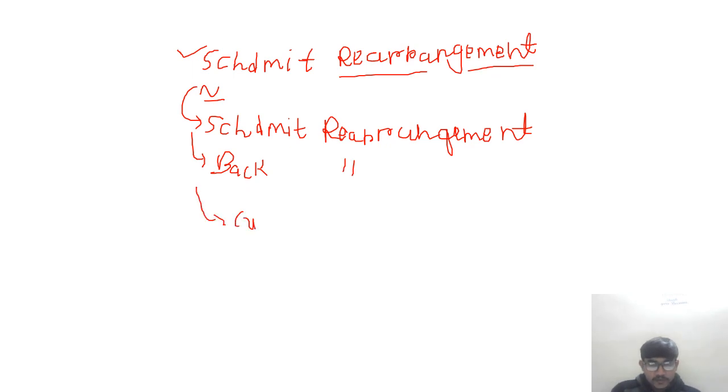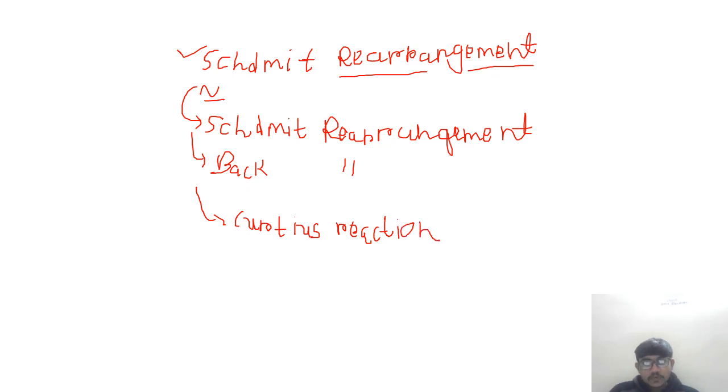If you know, acyl azide is the starting material. If you know about the Curtius reaction, that is also something we are going to take. So in case of Curtius reaction, it involves the acyl azide.